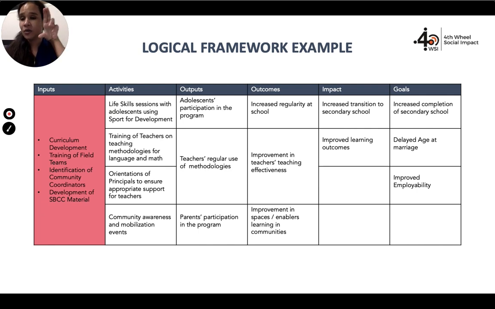Because of these, we are looking at only three outcomes, where we are saying that there's increased regularity, improvement in teaching effectiveness, and learning in community spaces, which has then led to transition to secondary school, learning outcomes, and our eventual goals of completion. But again, if you look at this, it's extremely linear and it's only accounting for the things that we can consider, and not the larger environment that we're operating in.